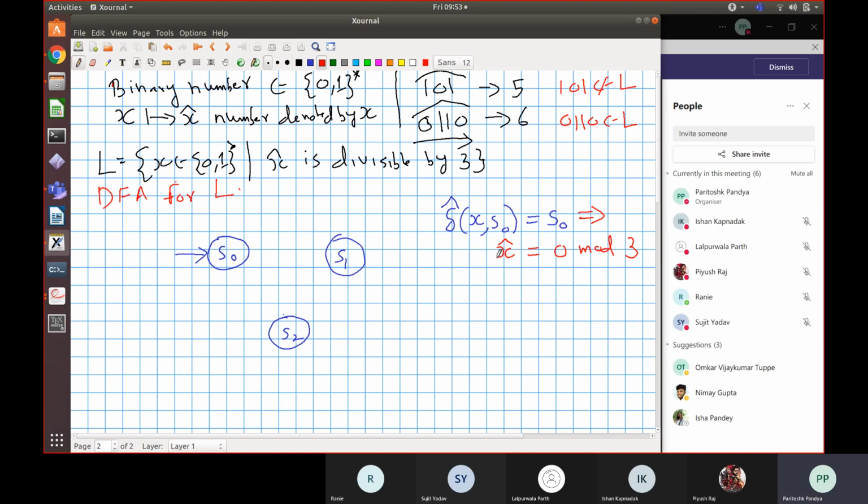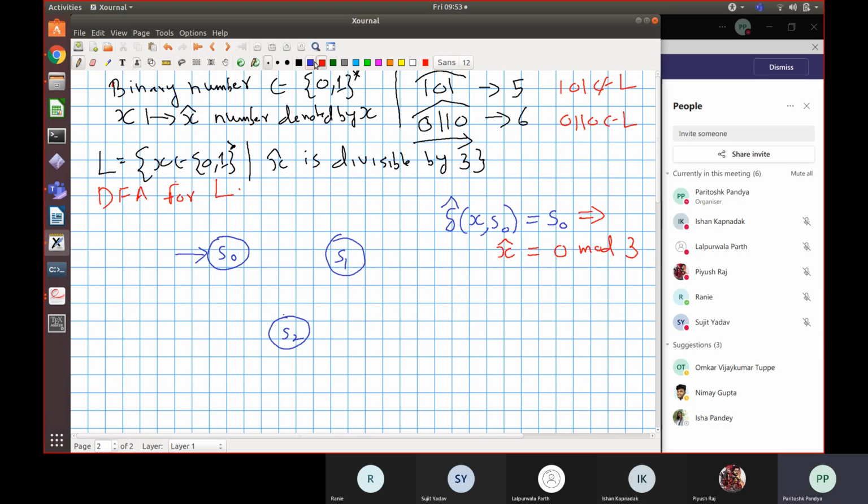It's a little bit of notation, but it is best you learn this because it is used a lot in maths. So the binary number represented by the word x, if x hat is divisible by 3, that is the remainder is 0, then you will be in state S0.